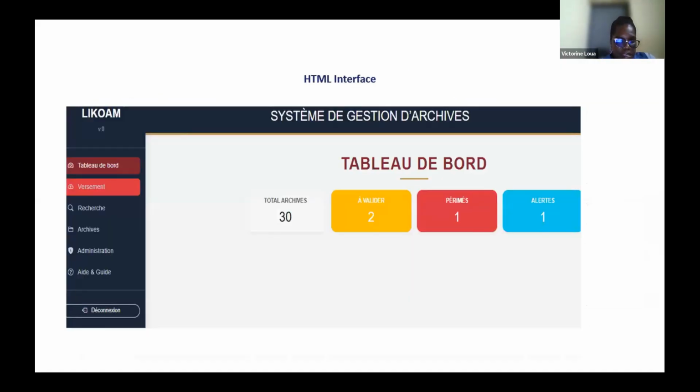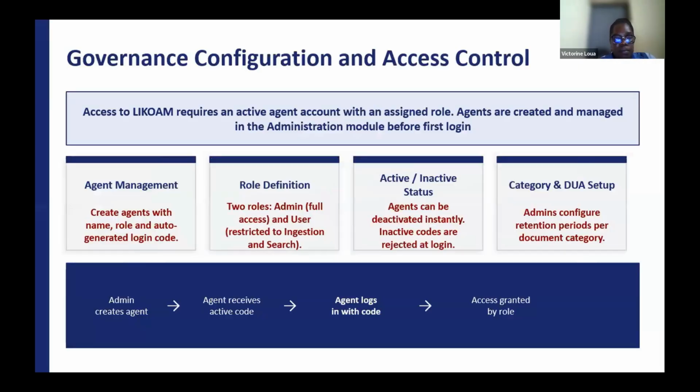HTML interface. The HTML interface provides a simple and controlled access point to the system. It ensures that users interact with formalized forms rather than raw storage. This reduces human error and enforces metadata consistency.